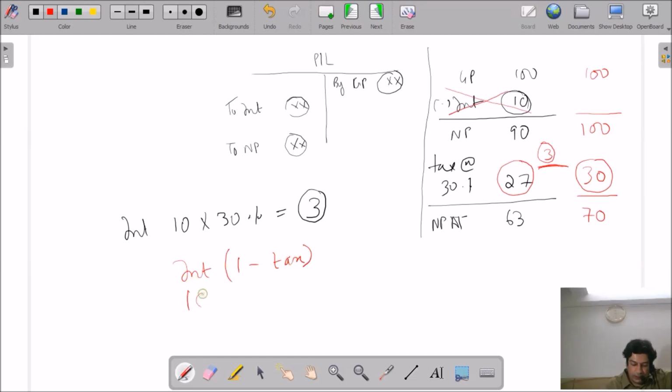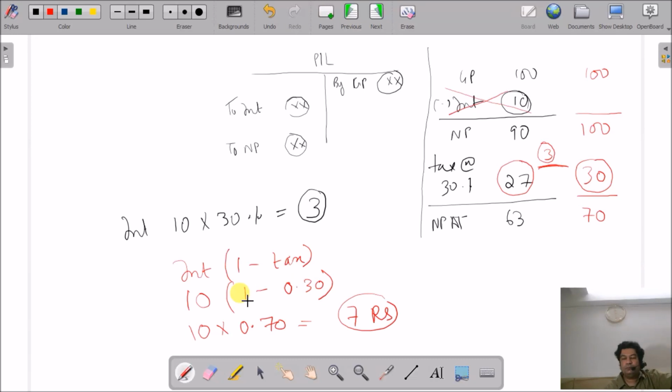So interest is 10 rupees. 1 minus tax is 1 minus 30%, so 0.70 we are going to take. So 10 into 0.70, so 7 rupees is our net cost. Did you understand it?